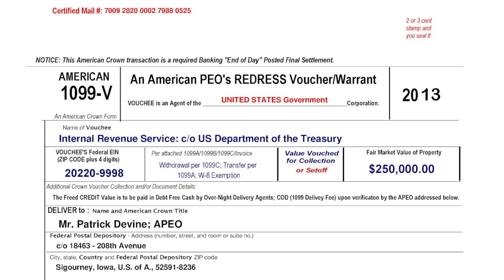We can do a letter of marque. To read the definition in the dictionary, it says that the states cannot do letters of marque. That's true. The states cannot do letters of marque because they own nothing. They're a corporation, and they're also bankrupt.